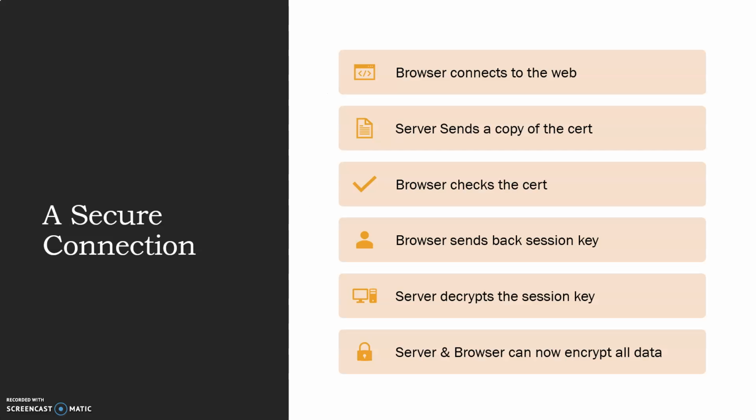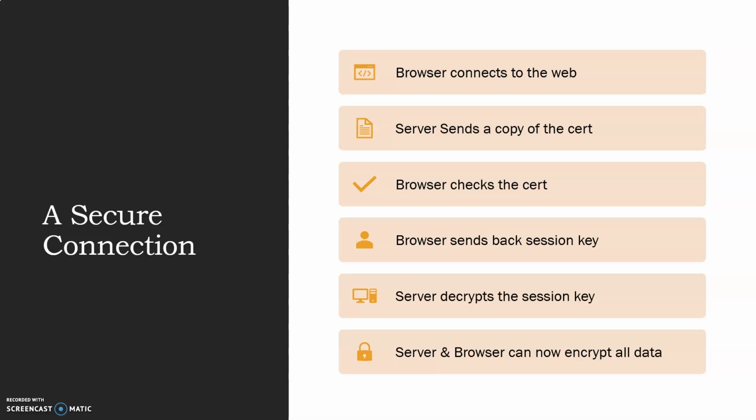Now, how does this secure connection work on a website? When you click on any website, the first thing is the browser connects to the website, and the web server of the website sends a copy of its installed certificate, along with all the information in that certificate.